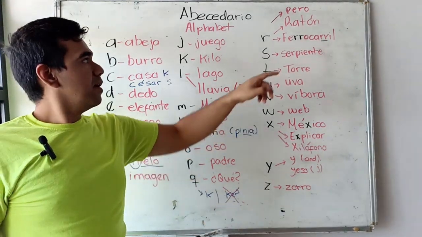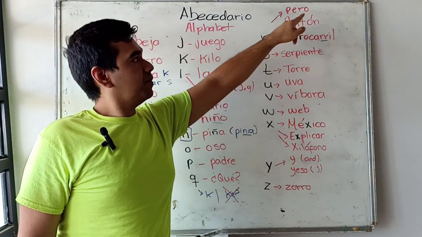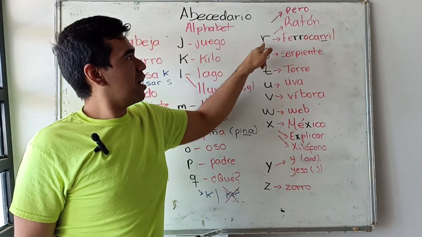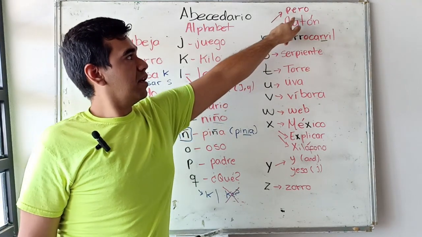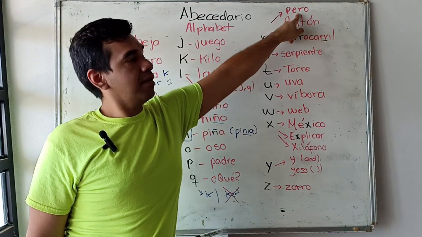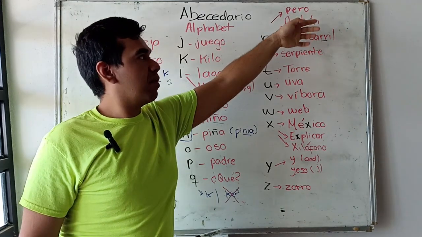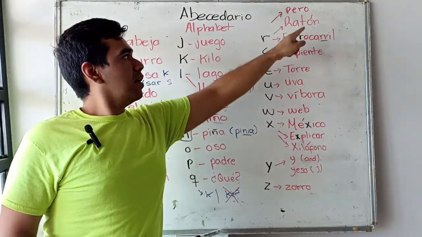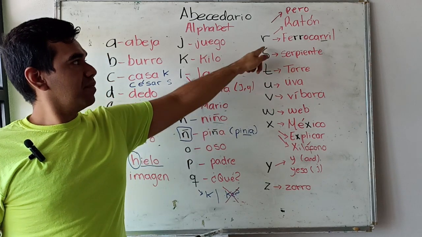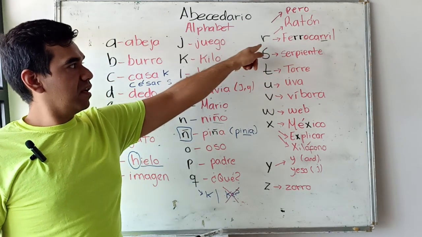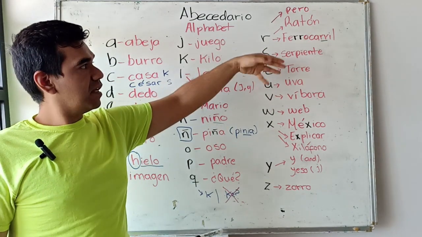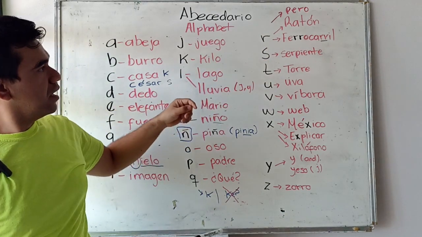Okay, so but. Pero, you see the sound of the R here is like ro. Well, because of the vowel O, pero. So, depending on the position of the letter R, it's going to sound different, okay?